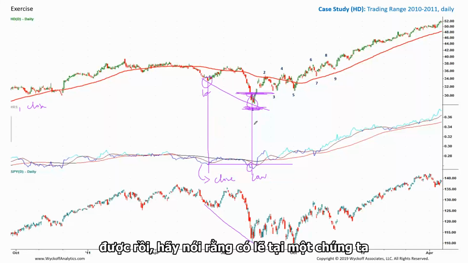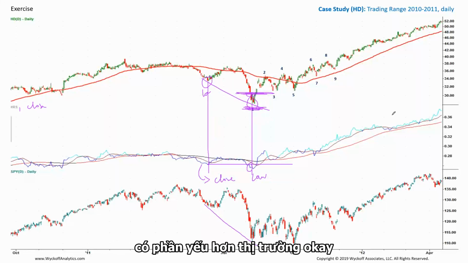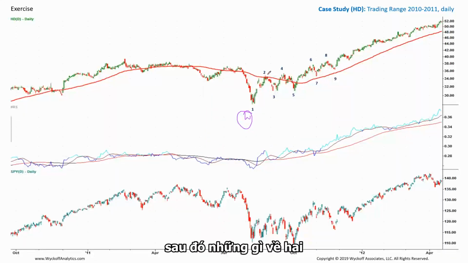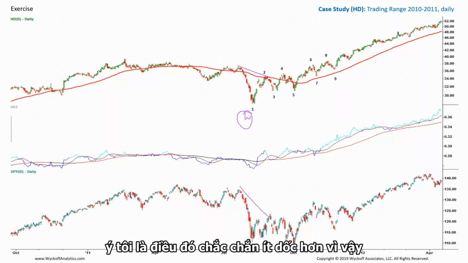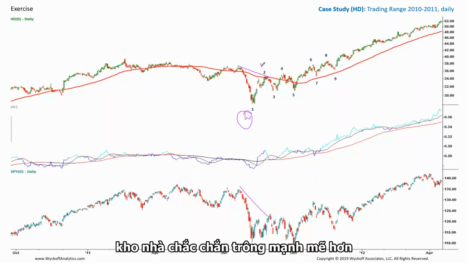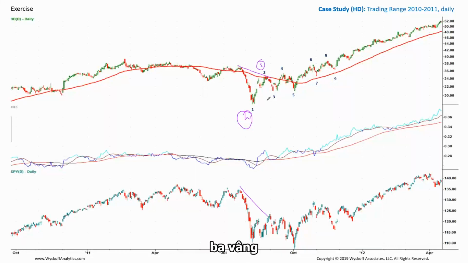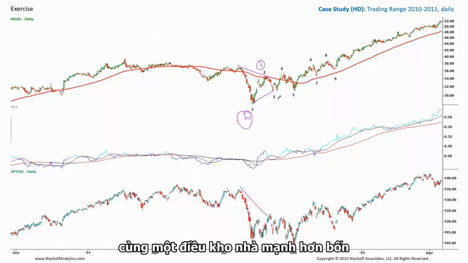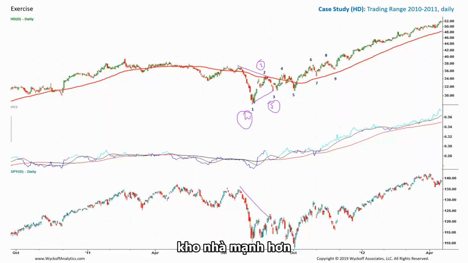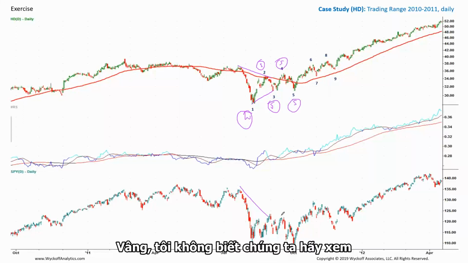Let's say that maybe at 1 we are somewhat weaker than the market. Then what about 2? Previous high to 2, that's definitely less steep, so Home Depot definitely looks stronger. 3, same thing, Home Depot's stronger. 4, stronger. 5, stronger. 6, I don't know, let's see.